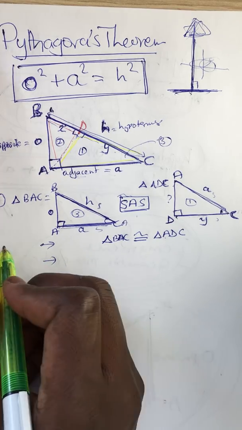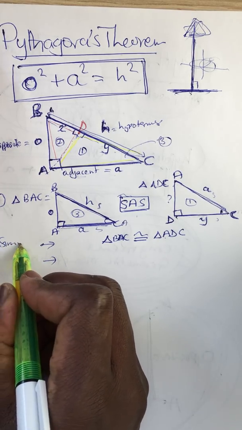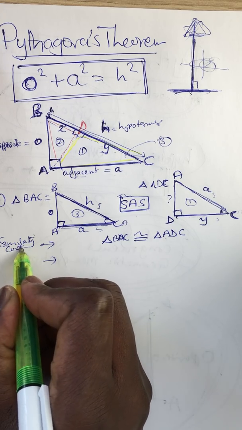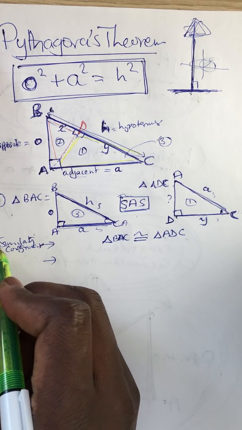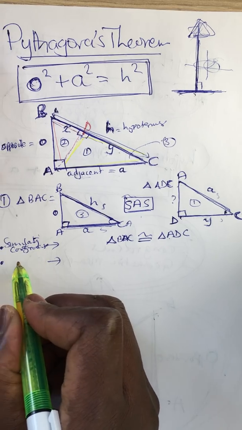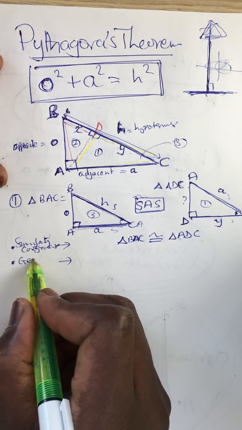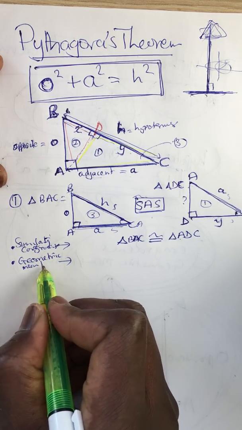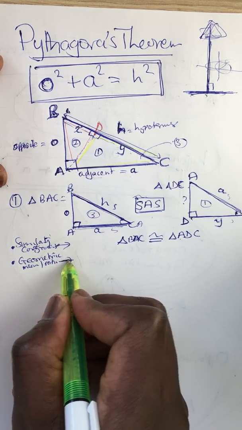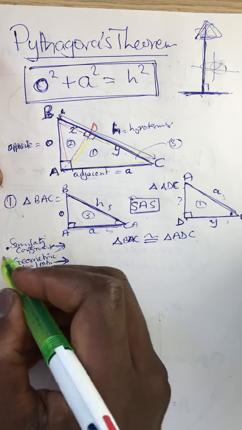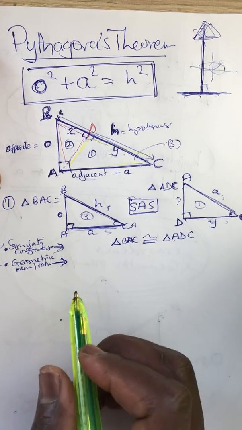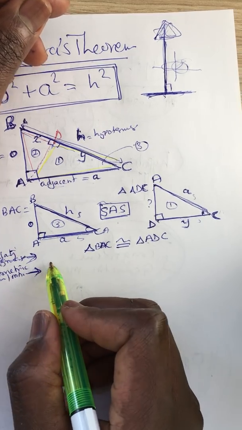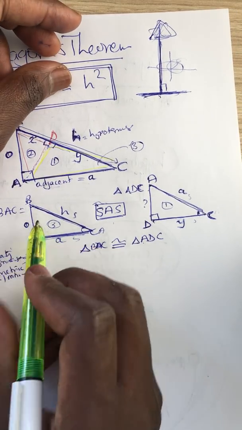So we have used similarity and congruence here, and now we are going to use what is known as geometric mean or ratio. That one is done already, and now we are in the second one. So let's compare them now.